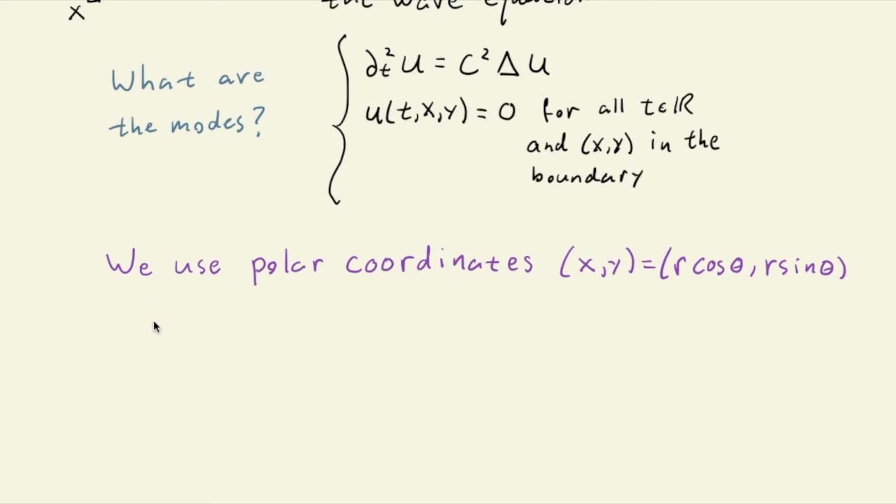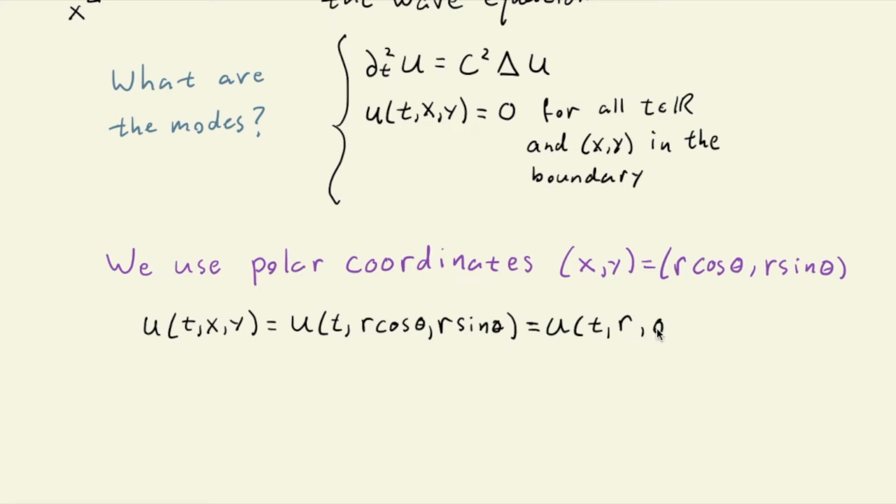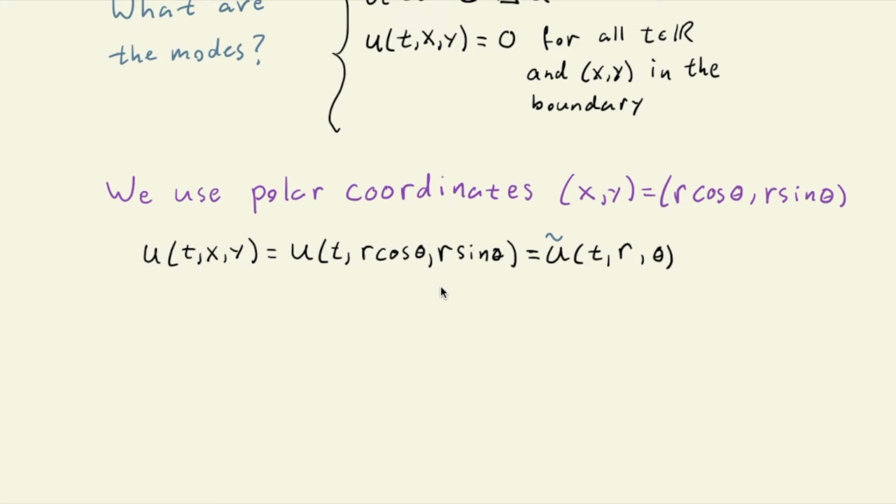And so our function u(t, x, y) we can write as u(t, r cosine theta, r sine theta). And this is kind of bad manners, but we're just going to denote this u(t, r, theta). It's bad manners because really I should give this a different name, maybe call it u tilde or something. But we're just going to call it u, and we're going to say it's u but with the coordinates r, theta instead of x, y.